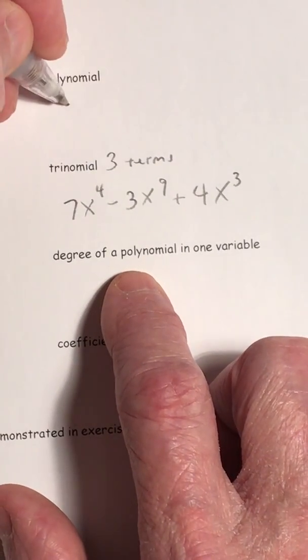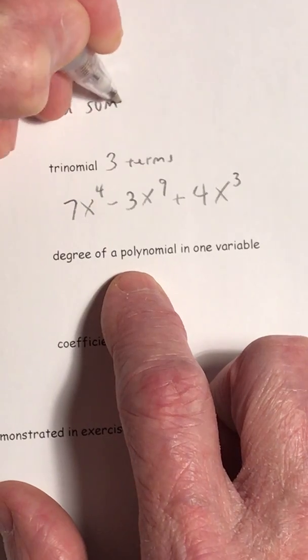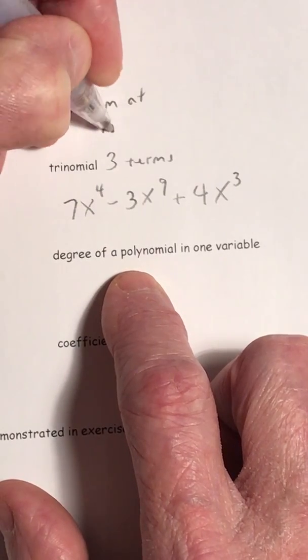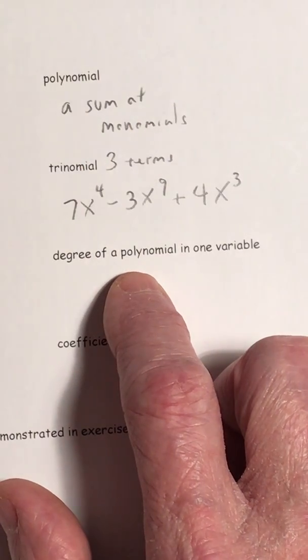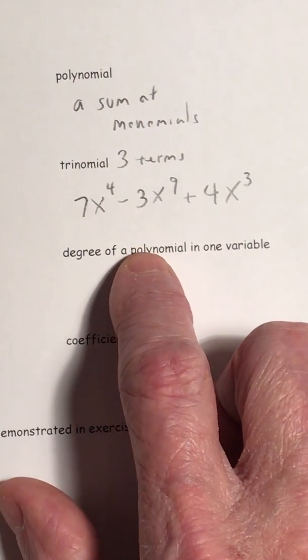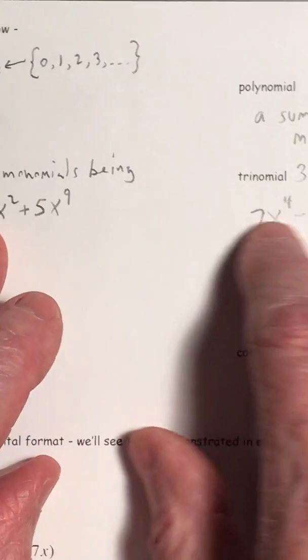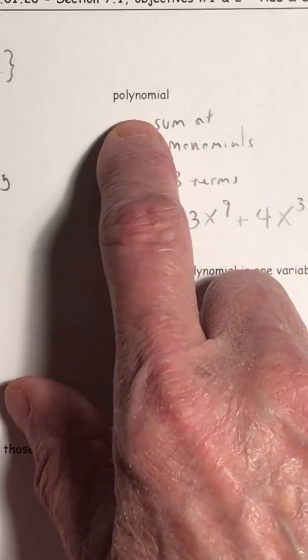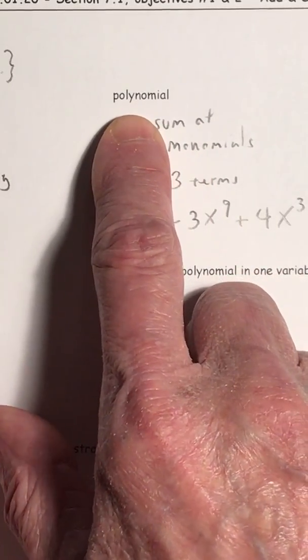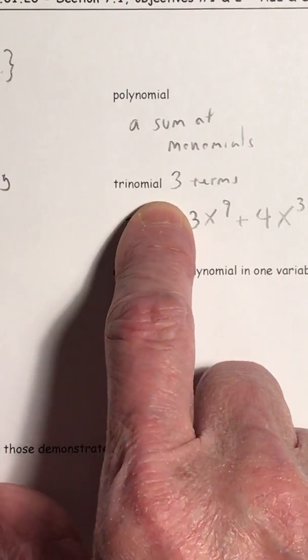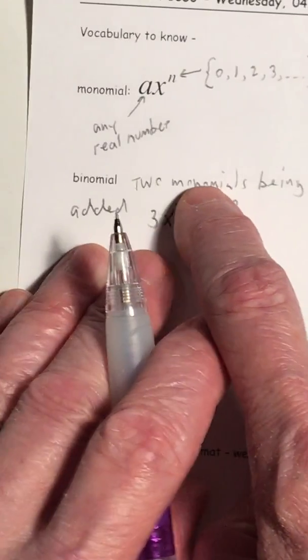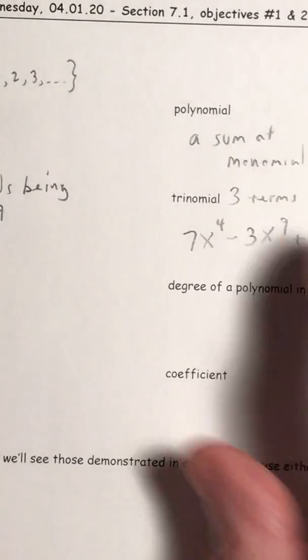So a sum of monomials would be the definition. Okay, so everything we've written here qualifies as a polynomial, but that's like the open-ended. How many terms are there? If you say polynomial, we don't know, but this is more specific. That means 3 terms, that means 2 terms. There's no fancy name for 4 terms, 5 terms. We just call those polynomials.